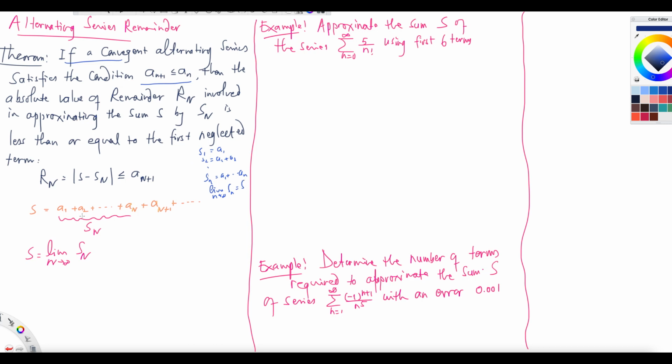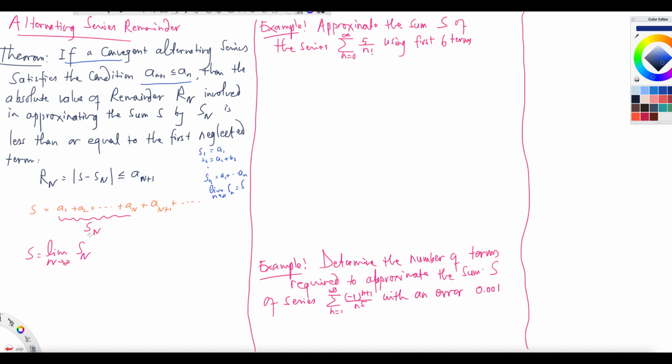Now look at this. Let us suppose that the alternating series converges to s. Then s will be a1 plus a2, the sum of the terms of the series, so a1, a2, a3, and so on. Because we cannot find all the terms of a series, since there are infinitely many terms, we find the first n terms, and then we find the limit of Sn.